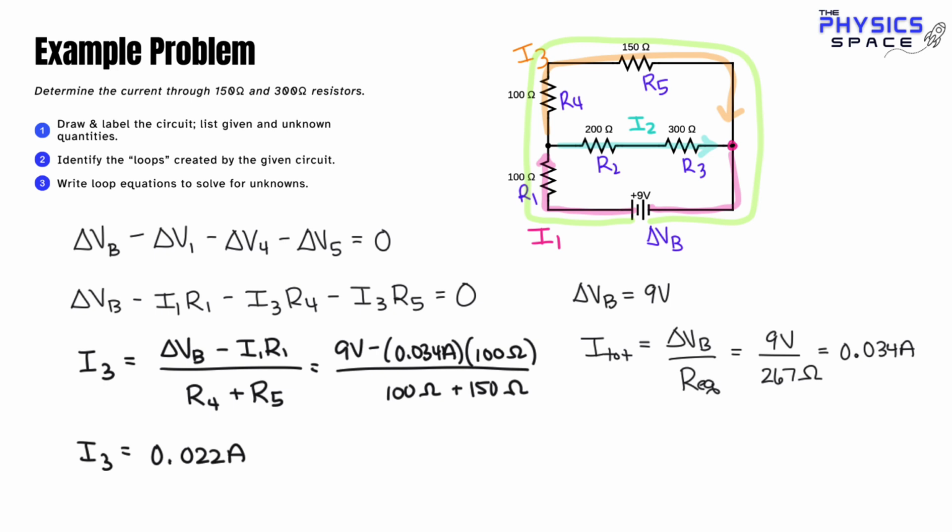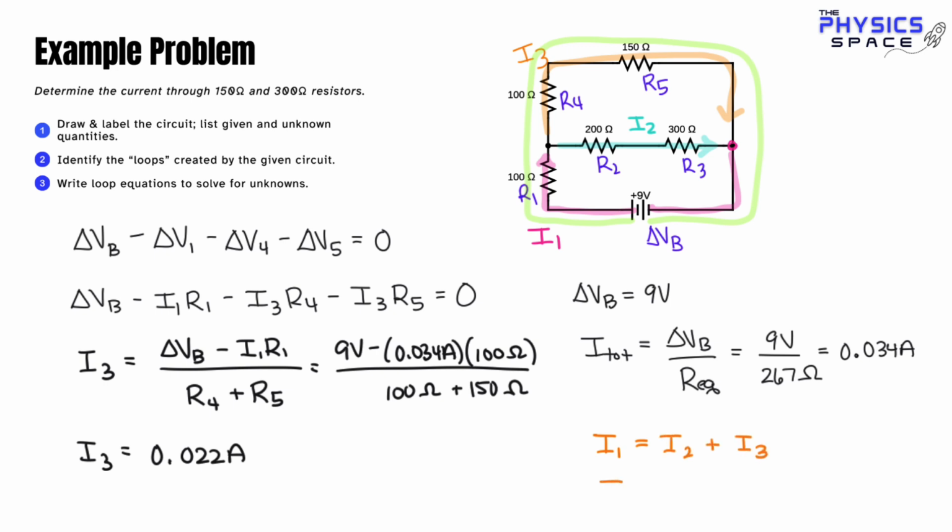And then we don't actually have to do a loop equation to find I2. If you're familiar with Kirchhoff's junction rule, the junction rule tells us that the current into a junction is equal to the current that comes out of the junction. In other words, I1 is equal to I2 plus I3.